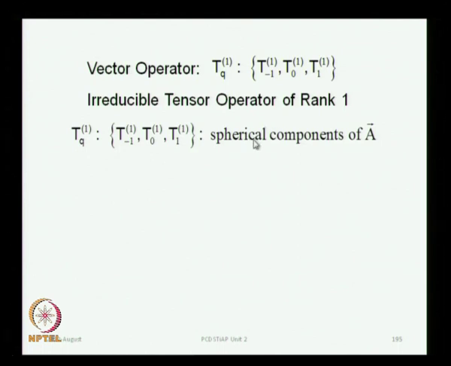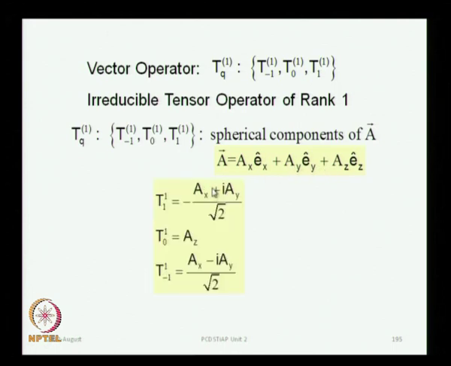and you can also express the Cartesian components as you always do, and then you have these relationships between the Cartesian components and the spherical components. So, there are these transformations which tell you how these tensor operators are related to the Cartesian components.